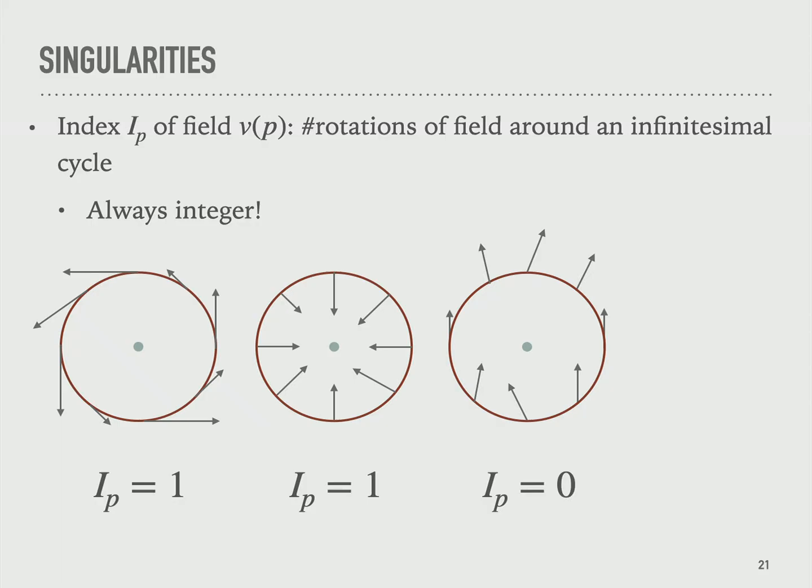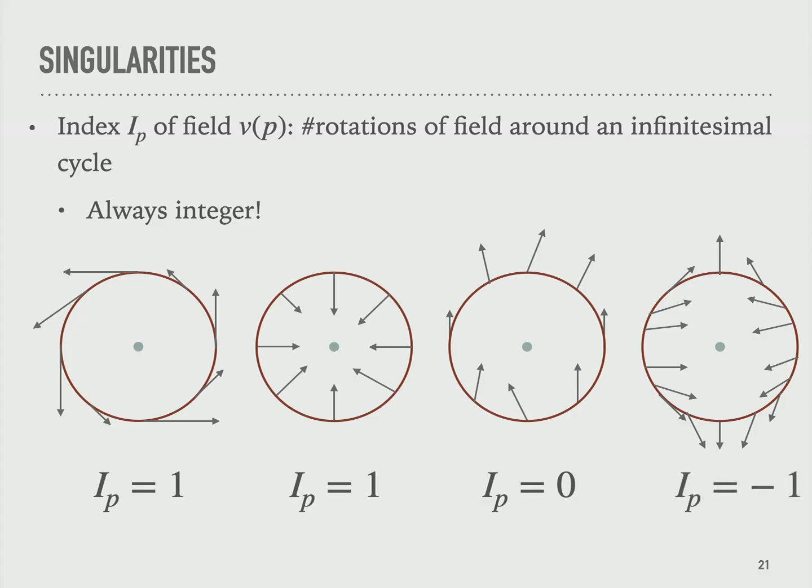You basically just moved around like a metronome, without doing much damage. And this is a -1, actually. You kind of moved against the direction when moving counterclockwise. And you see it looks a little bit hyperbolic, like there are 2 directions moving in, 2 directions moving out. It's on purpose. And of course, every integer is possible. You could rotate 2 times, -1,000 times, and so forth. And after a while, when you look at it, you immediately see the index. You can see in your eye how many twirls you have and in which direction.